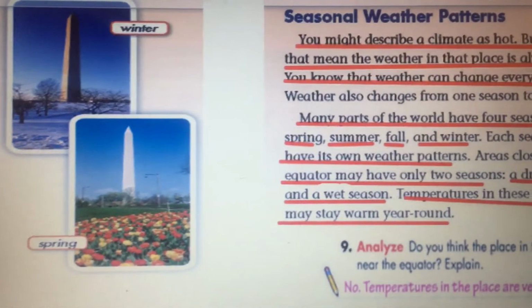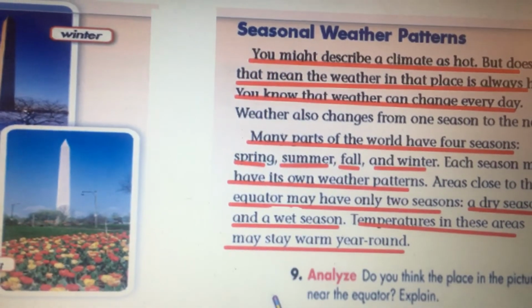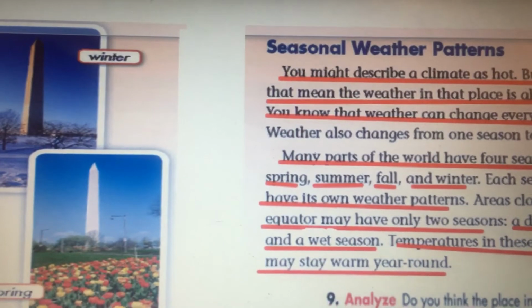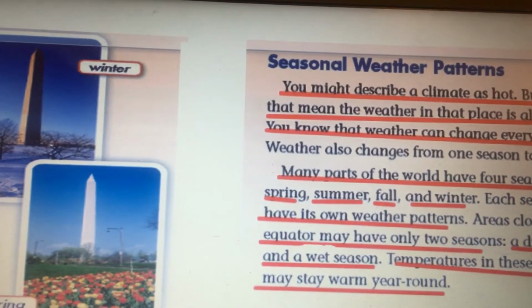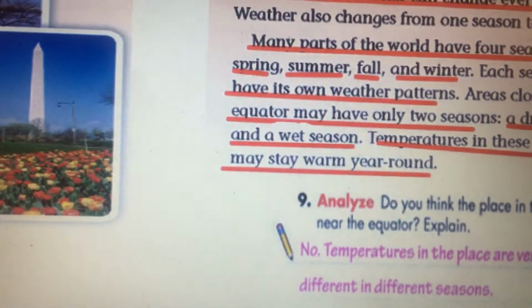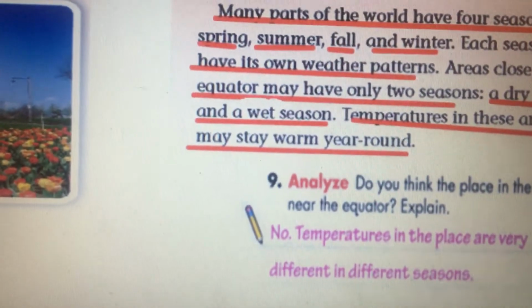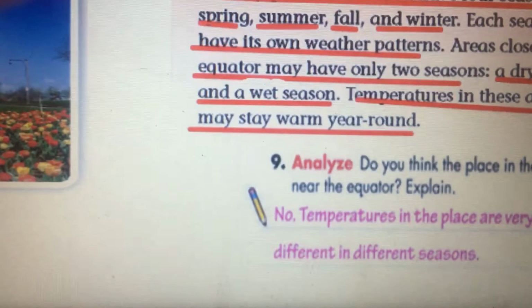Do you think the place in the picture is near the equator? No. Temperatures in the place are very different in different seasons. Again, no. Temperatures in the place are very different in different seasons.